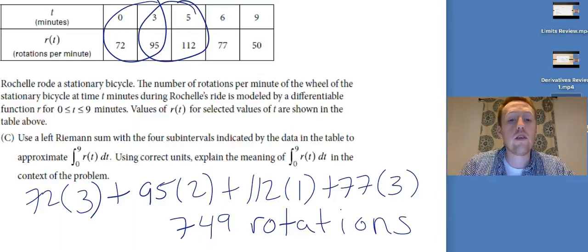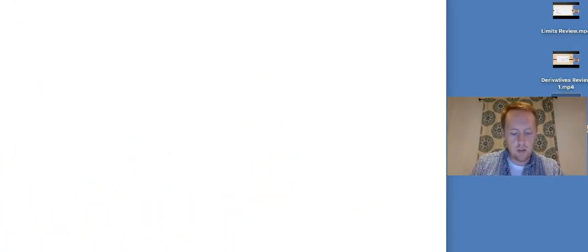It says, using correct units, explain the meaning of the integral from 0 to 9 of r of t dt in the context of the problem. So I'm going to do that up in this corner where I can get some extra space.